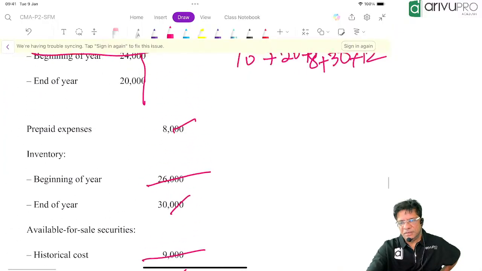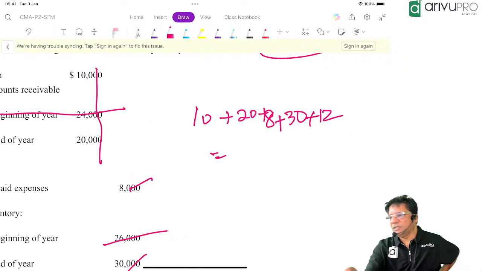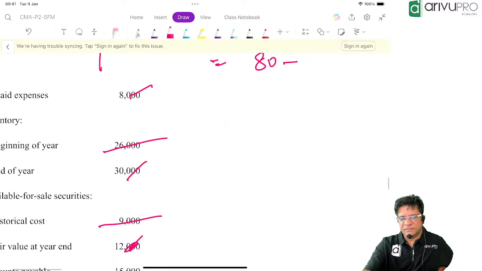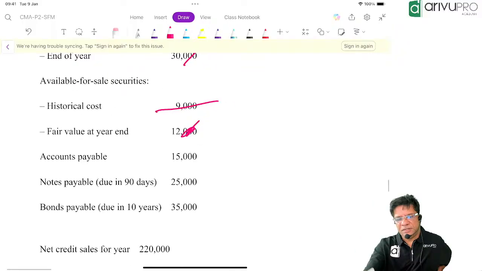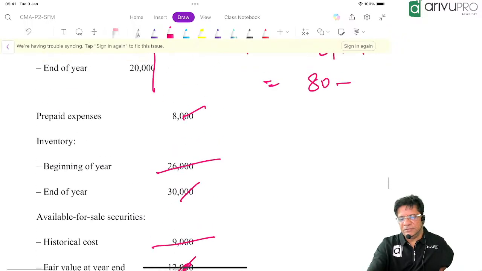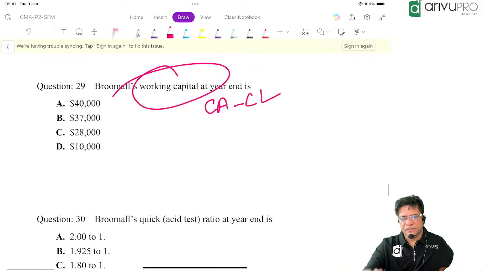Then total is 80. 80 minus current liability: 15, notes payable in 90 days, yes, this is also current liability. Bonds payable 10 years, no. Okay, 15 plus 25, 40. 80 minus 40, 40.